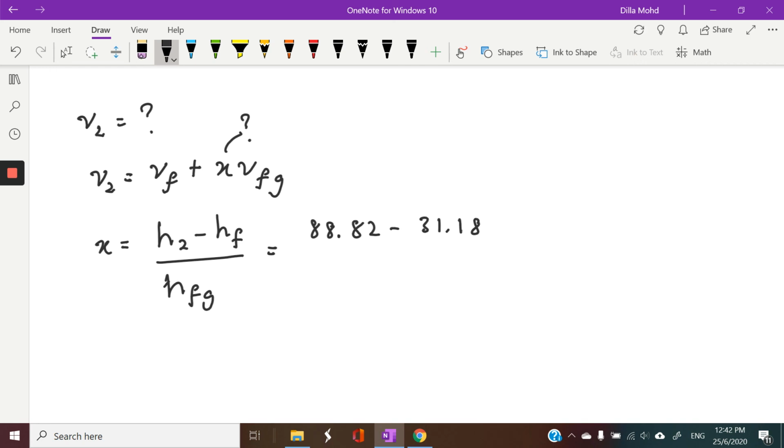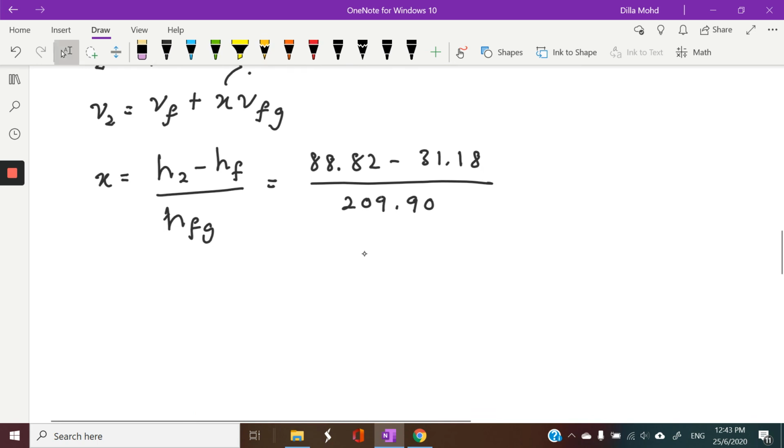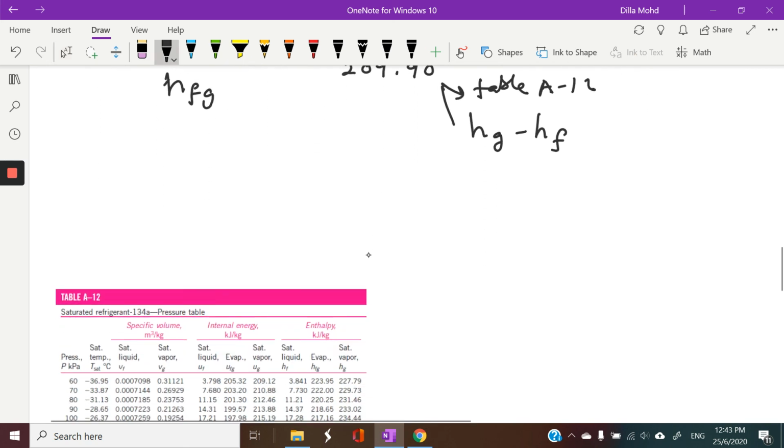We already have these values earlier on. For hfg, you can either get it straight away from table A12, or you can get it from hg minus hf. This will give you the value x equals 0.274.